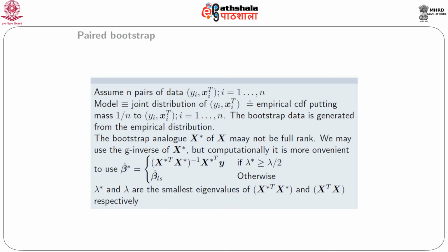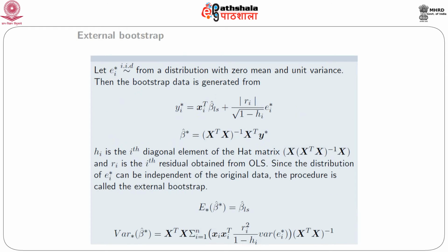The third thing that we can apply in this context is called the external bootstrap. Here e_i, i runs from 1 to n, is assumed to be an IID sample from a distribution with mean 0 and variance 1.